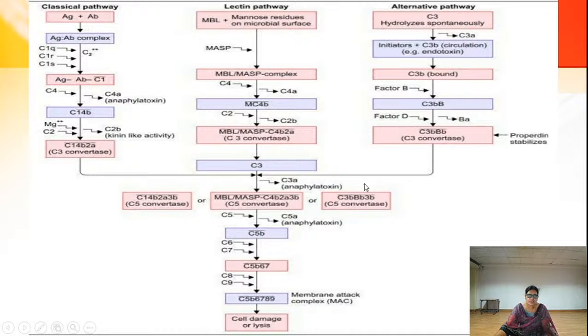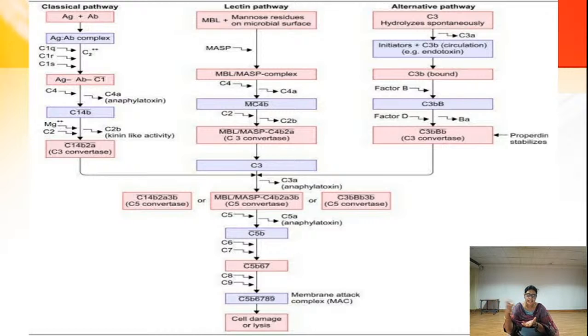And what are all these doing? They are converting C5 to active C5b, and C5a is released, which attaches to 6, 7, 8, 9, which forms a membrane attack complex like a tube. It will be placed into the cell membrane, so that it has a hydrophilic end inside and a hydrophobic end outside.